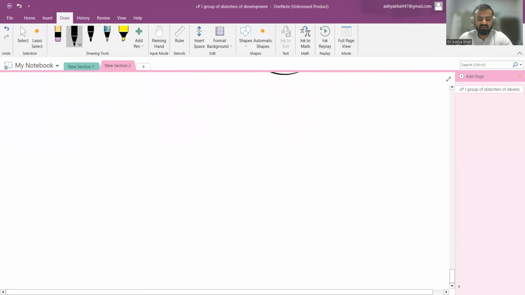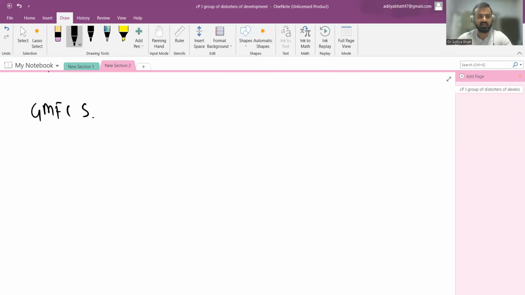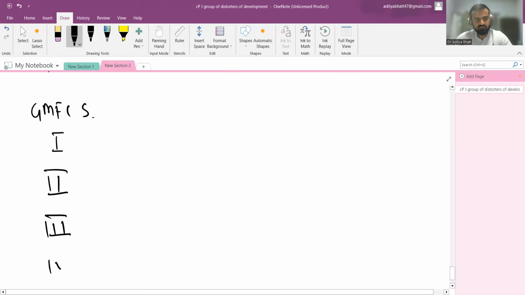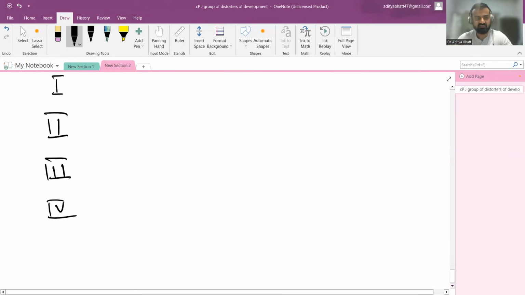Now, before we go further, there is a score known as the GMFCS score. Just remember them; I will tell you a very easy way. There are class 1 to class 5. In class 1, the child walks without limitation.